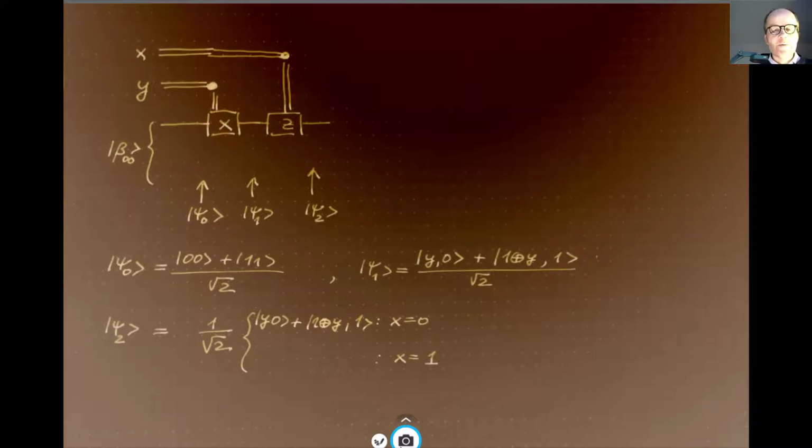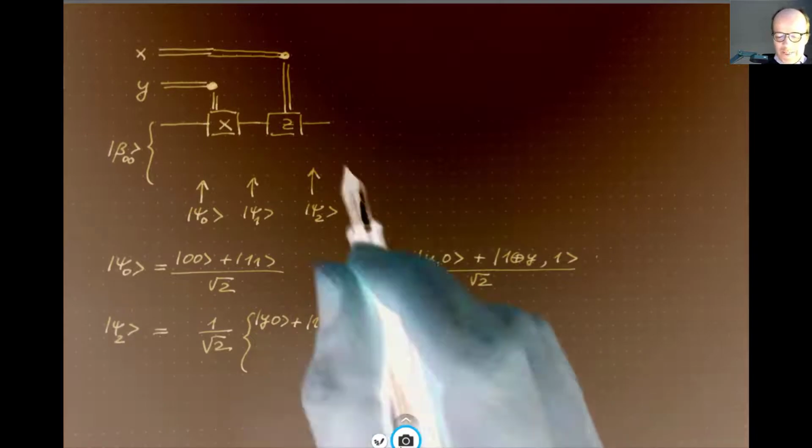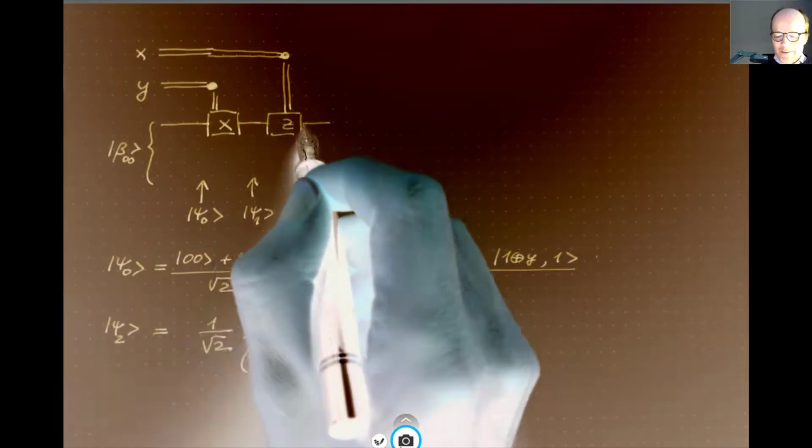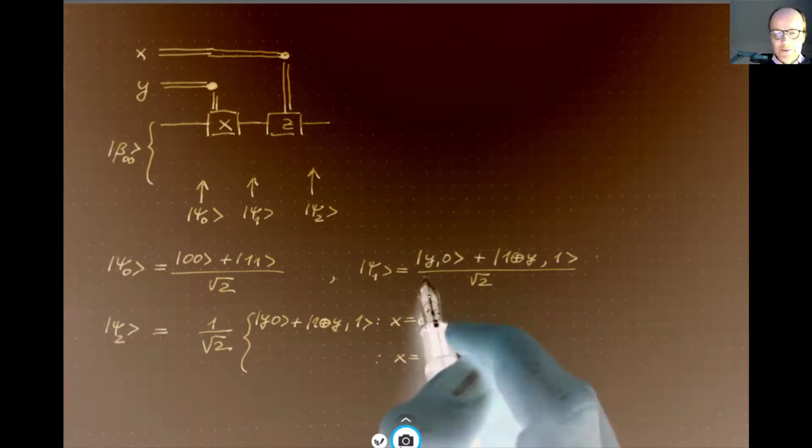If x is equal to 1, then Pauli Z is performed on the qubit. And then let's see what happens to this state here.